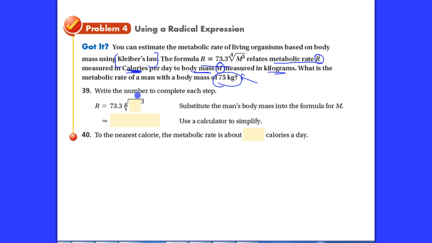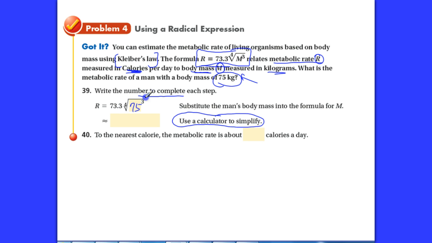Here we go. It says write the number to complete each step. Okay, so here's the formula. R equals, just taking it from right here. You might not understand what it all means, but if they give you a formula, we can apply it. That's what we do in algebra. R is equal to 73.3 times the fourth root of whatever M is, which is 75, to the power of 3. And basically at this point, you're doing this on your calculator. So I'd like you to try. See if you can take this times, and then you input that as 1.